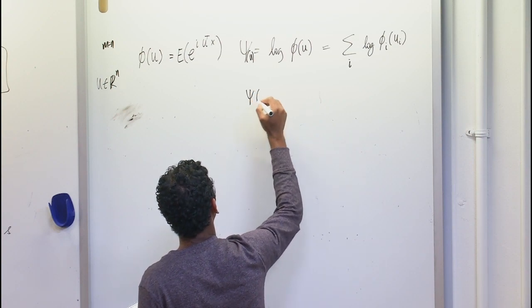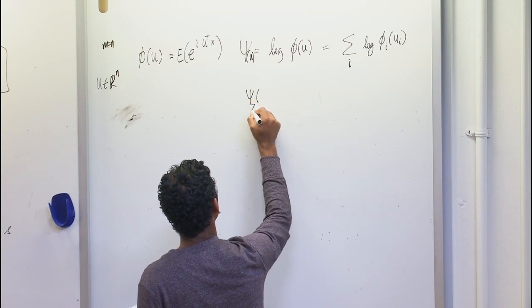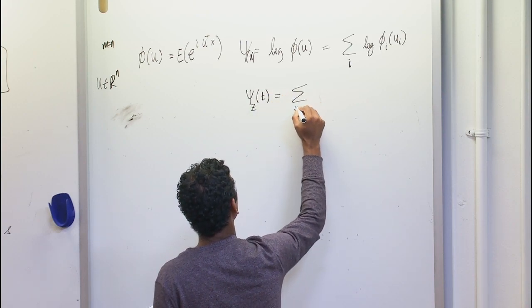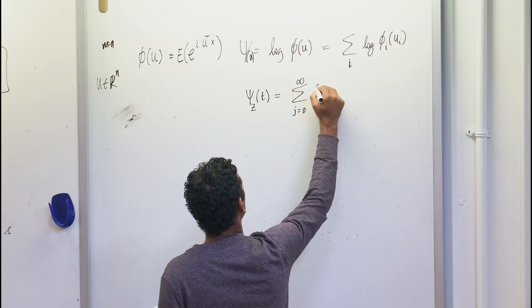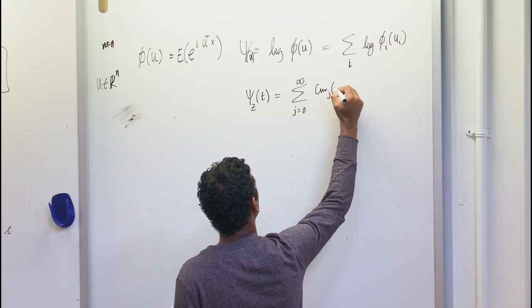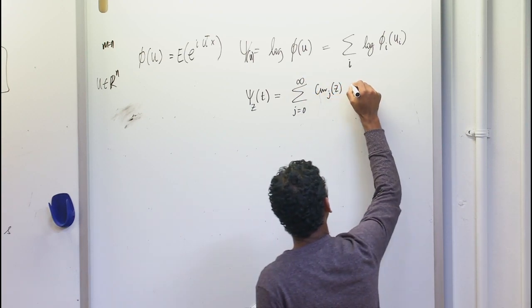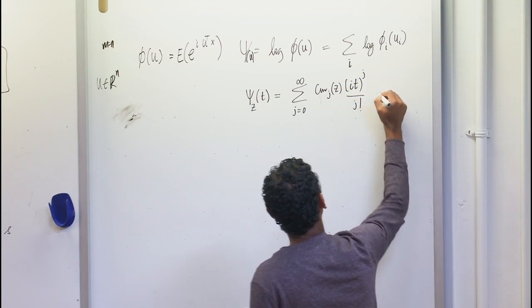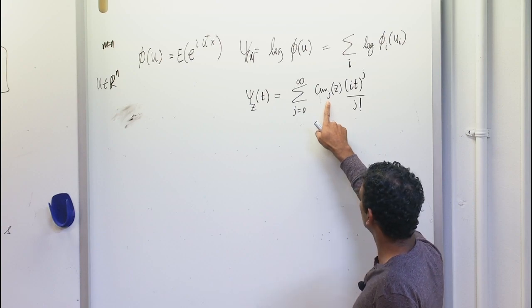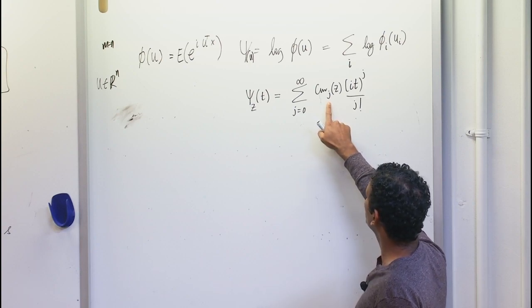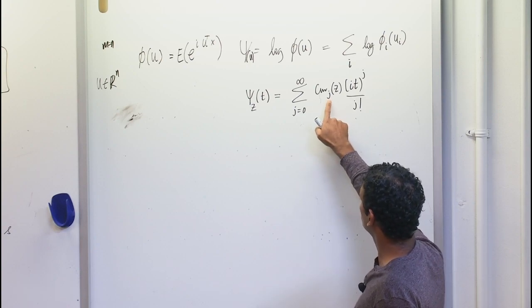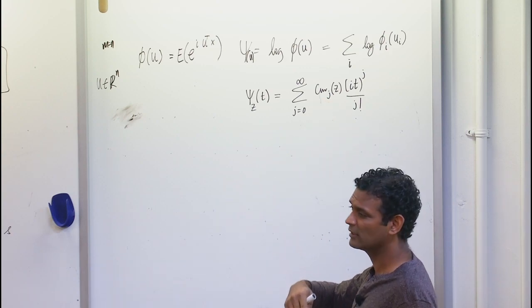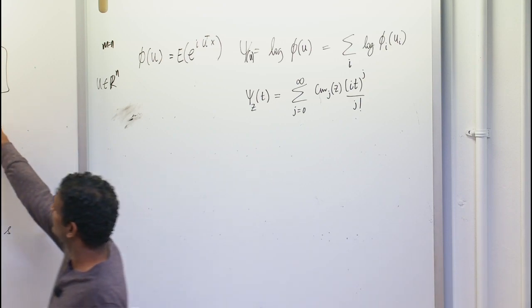So if I do it for one-dimensional variables, let's say the variable z evaluated at a point t, then I can write it as a sum, the jth cumulant times t^j over j factorial. So these are the cumulants. Now the first one will be the mean, cumulant 2 will be the variance, and then the fourth cumulant is exactly what we have here, and so on.